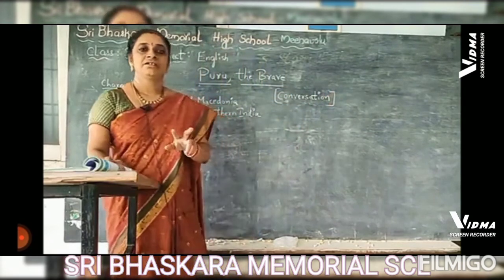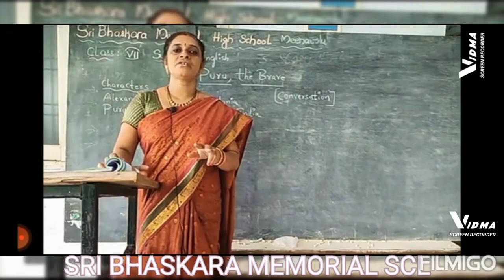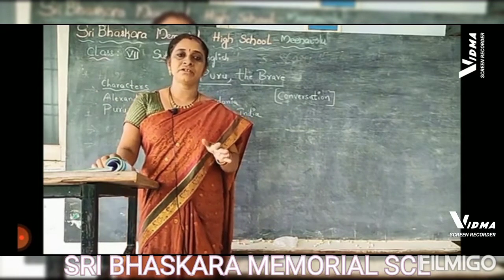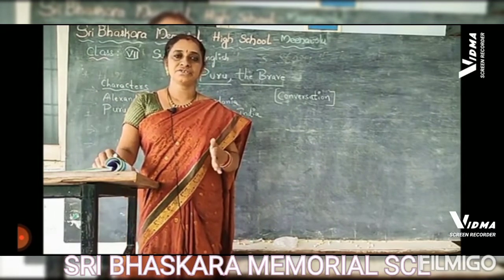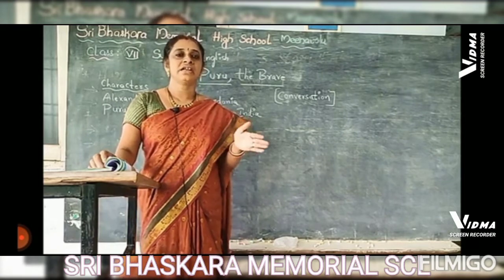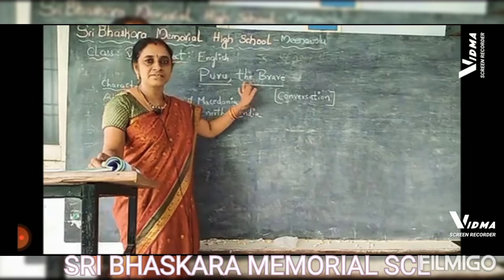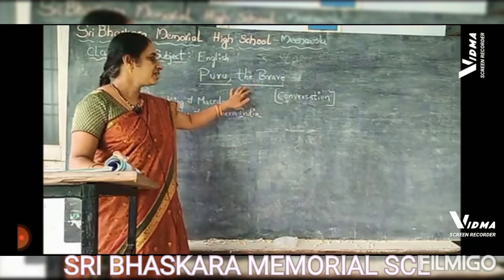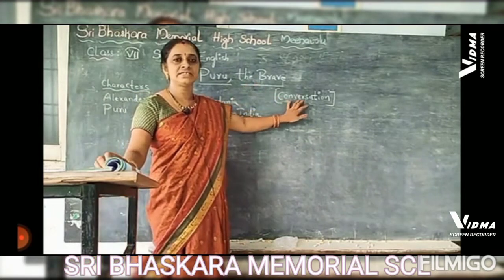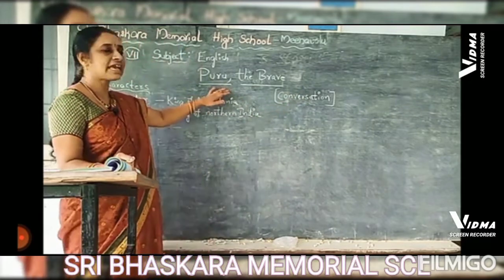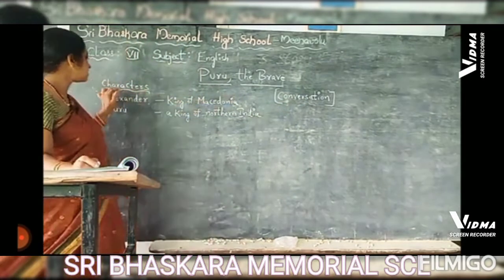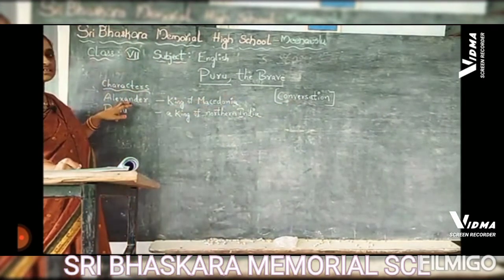Conversation means talking of two persons. If two or three persons sit together and talk, that will be a conversation. PURU the Brave lesson from your textbook is a type of conversation lesson. So, how many characters are there in this lesson? Two characters are there.